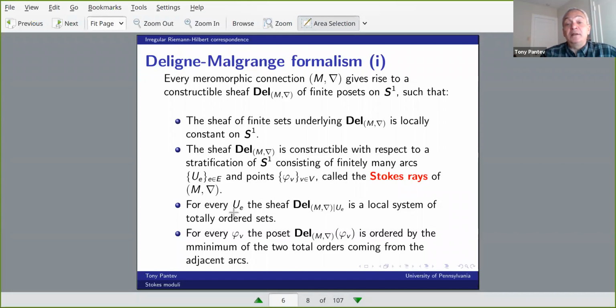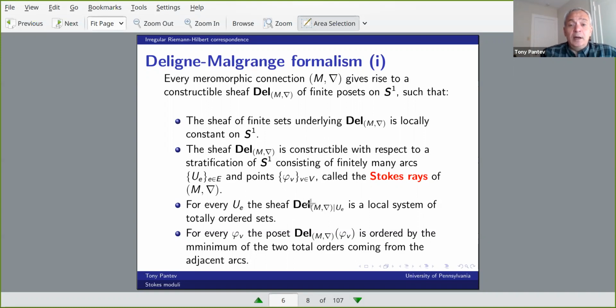On each arc, we have a constant sheaf of totally ordered sets. So the order is not even partial on the arc, it's total. And when two arcs meet at a point, the order at that point is just the minimum of the two orders incoming to that point. That's a property of this Deligne sheaf that's associated with every meromorphic connection.